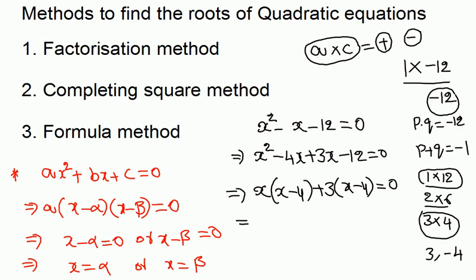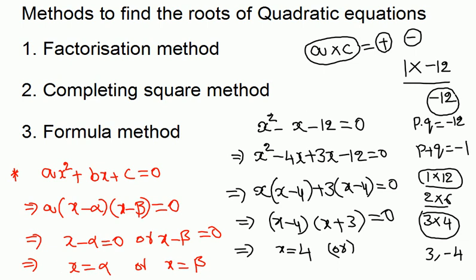So that implies x minus 4 into x plus 3 is equal to 0. So that implies x minus 4 value equate to 0, then x value is equal to 4, and x plus 3 value equate to 0, then x is equal to minus 3. So these two are called roots of that quadratic equation.